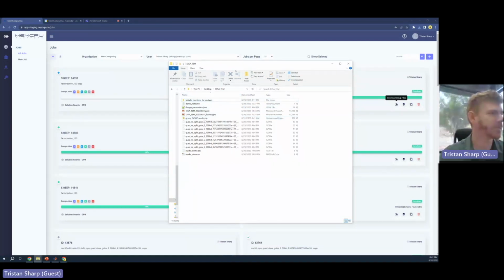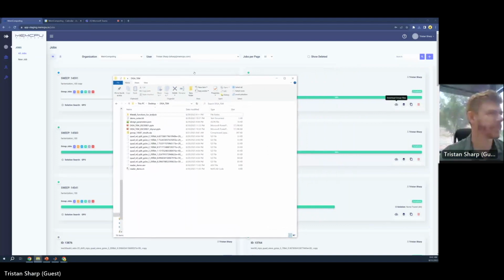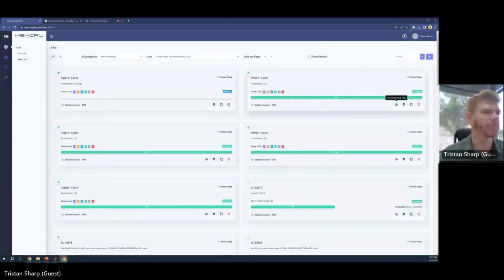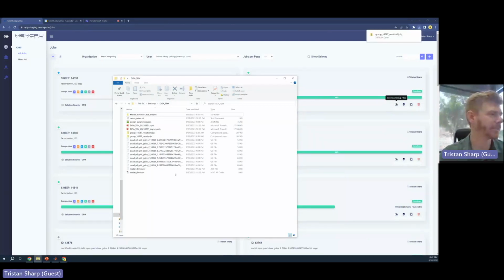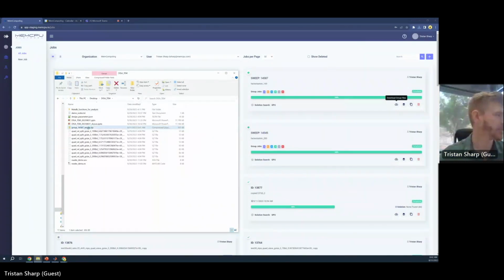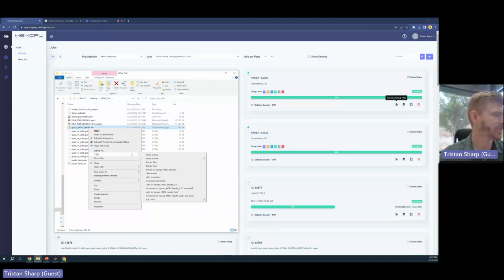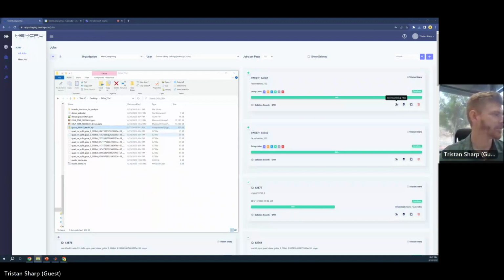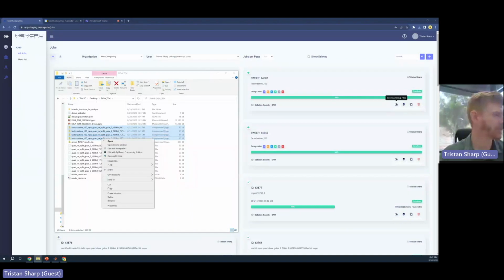Okay, so download the results. Here they are. Is that the number? 14857. Okay. 7-zip extract. And extract these.